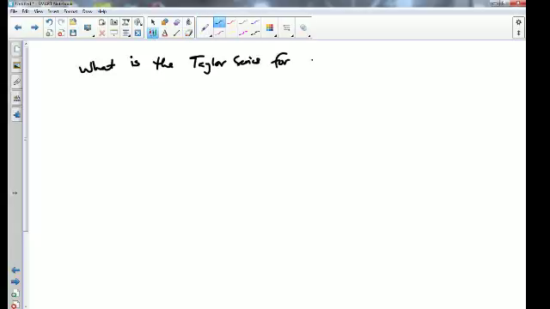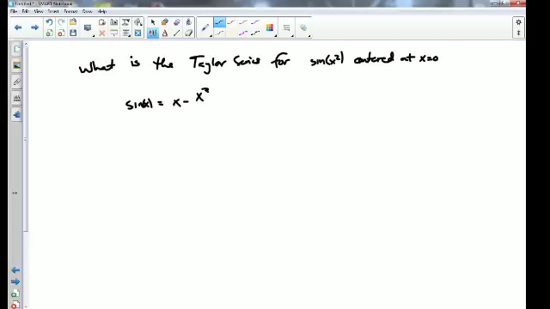The Taylor series for sine x squared, centered at 0. You're also supposed to count the e to x when you put x squared. No, a little different. What's sine x?